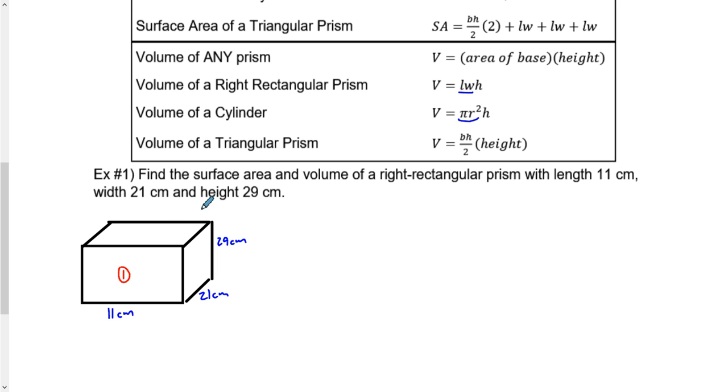But because the front would be the same as the back, we'd have to have 2 multiplied, let's see, the 11 is the length and the 29 is the height. So 2 times 11 multiplied by 29. But that's not our entire surface area.